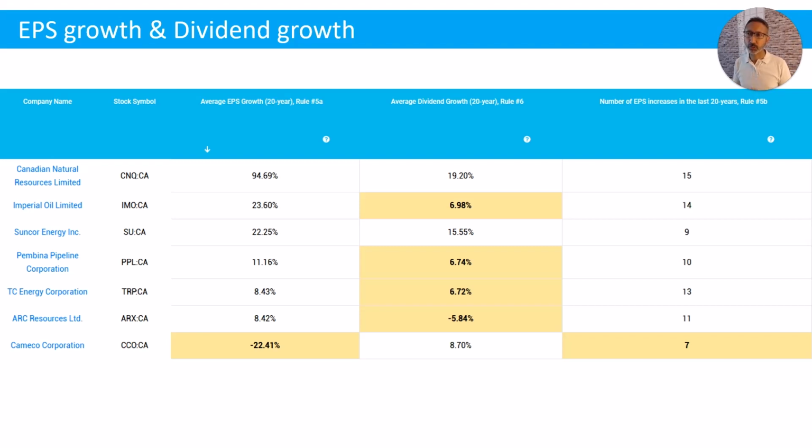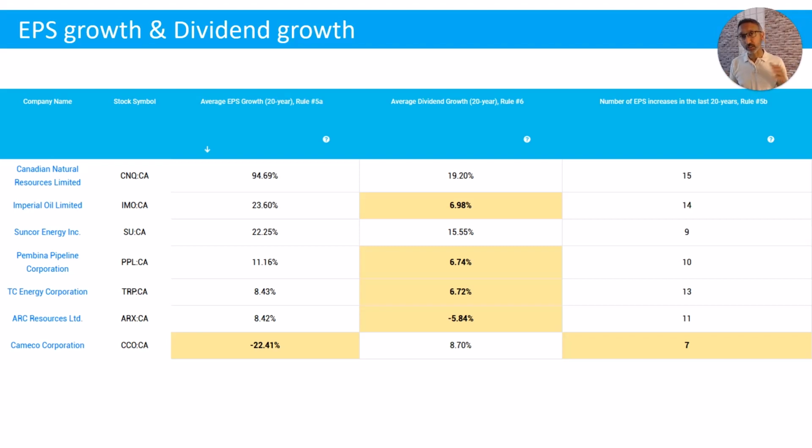So we can take a look at the first company on the list, Canadian Natural Resources. You can see that the average EPS growth over the last 20 years is 94%. Now let's contrast that with the company at the bottom of the list, which has an average EPS growth of negative 22%.